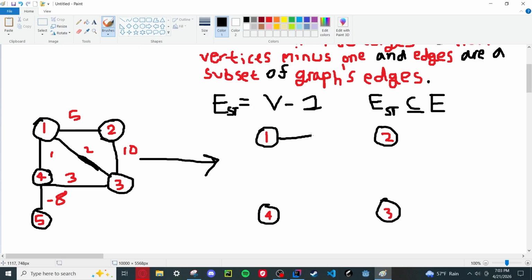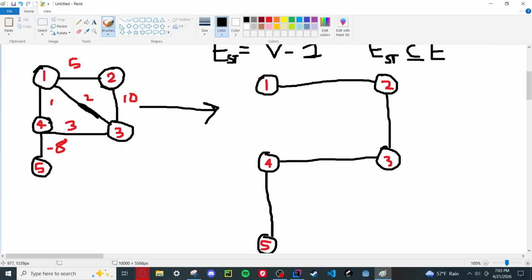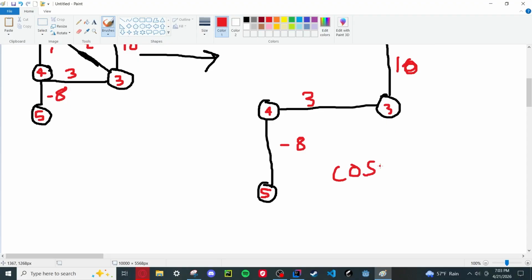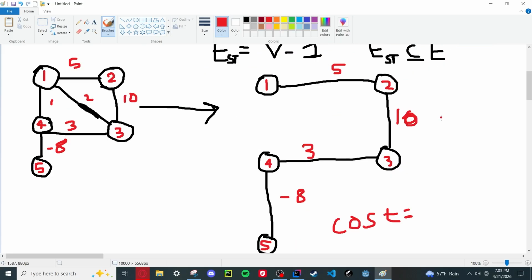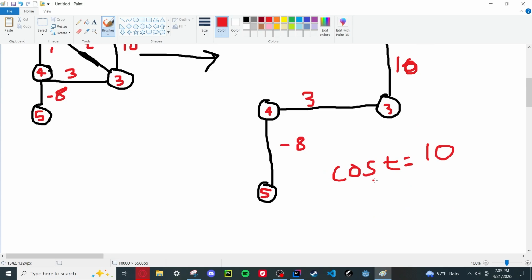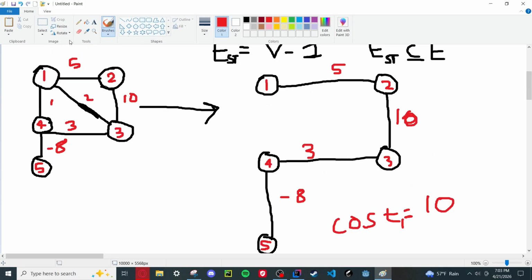So if I want to make a spanning tree like this, this would have a weight of 5 here, a weight of 10 here, a weight of 3 here, and a weight of -8 here. So adding this all up, we have a total cost for this tree, like traveling, of 15, 18, 10. So this cost was 10. So leave this here.